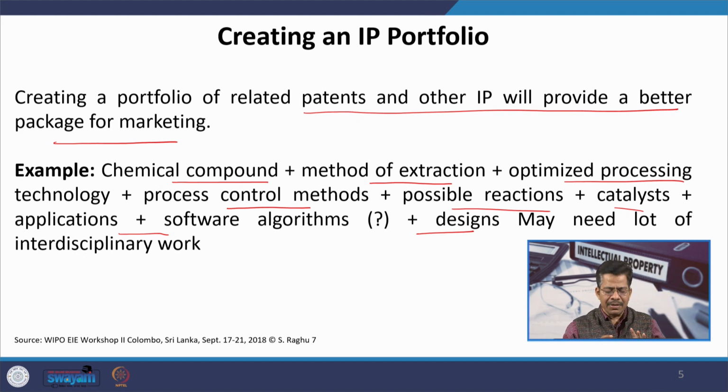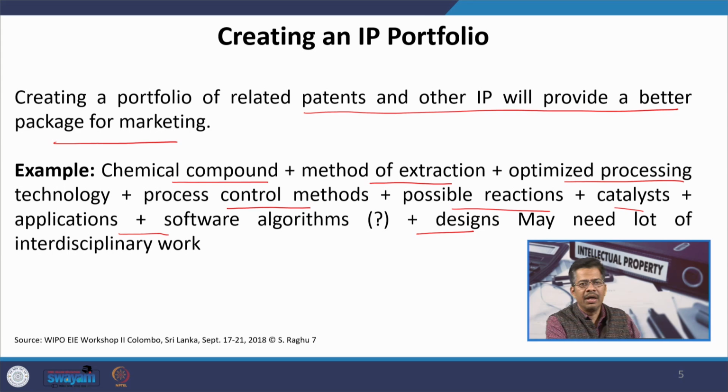So, generally you will see IP is not created individually. Whenever we are working in a lab, there are so many related activities, and every activity may have a scope of developing some kind of IP, and therefore, the IP portfolio automatically gets developed.